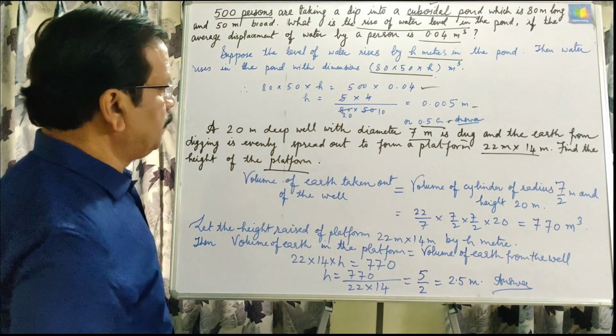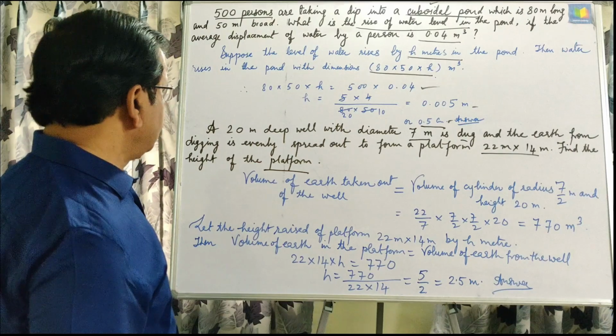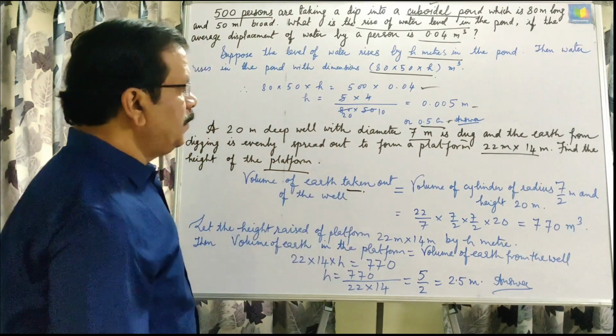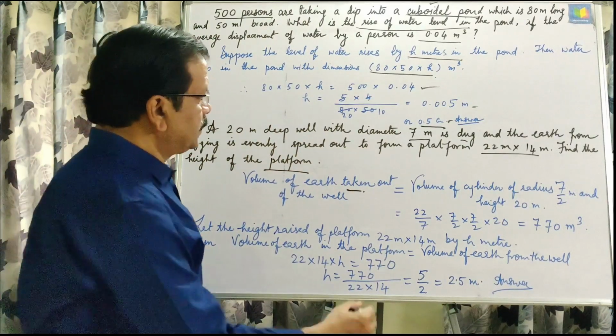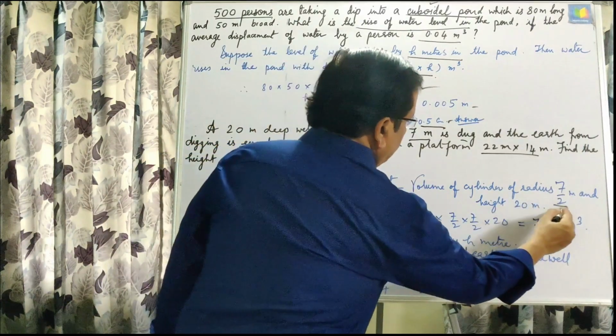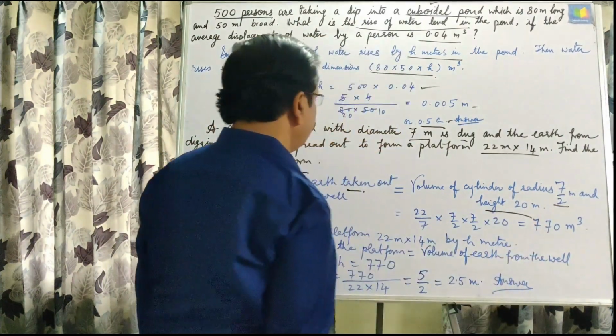Let the height of the platform be h, which is missing. Then the volume of earth taken out will be equal to the volume of a cylinder of radius 3.5 meter and height 20 meter.